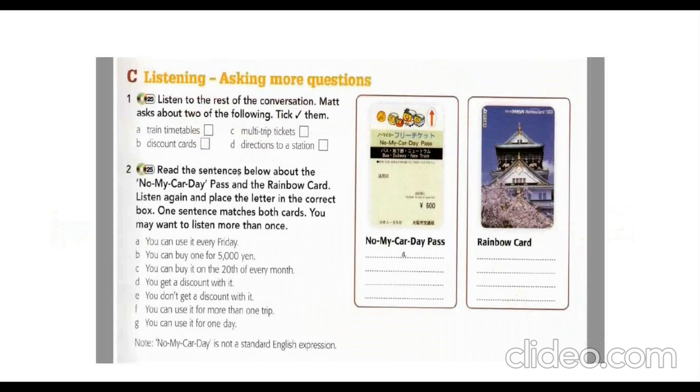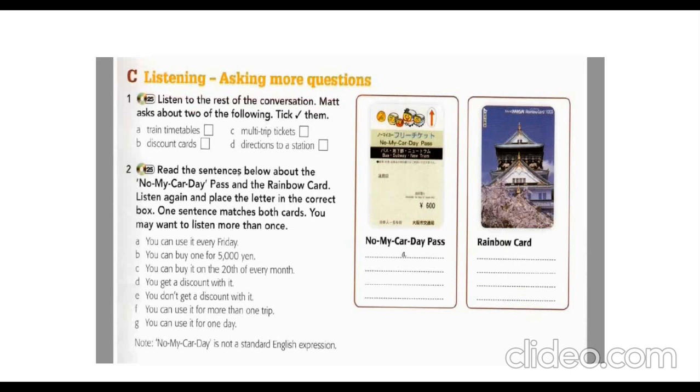In listening, we will listen to audio 25. Before listening, let us read the questions or the exercises to get information about what we will listen to. This strategy enables us to catch the information from the audio. Listen to the rest of the conversation.